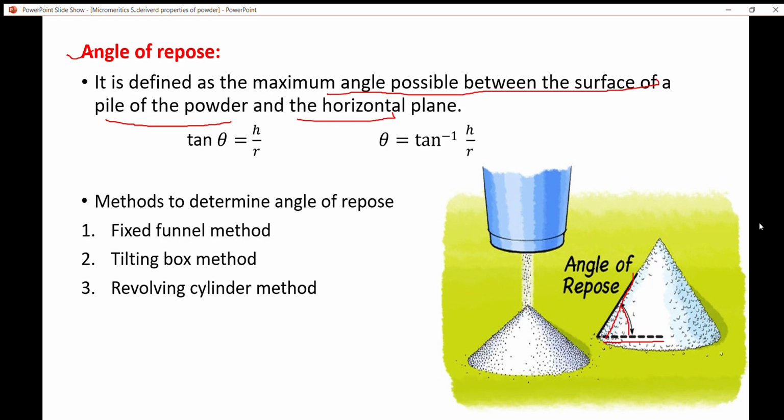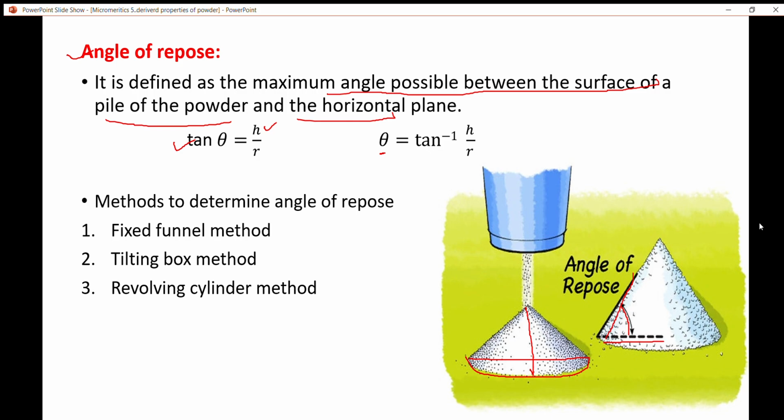It can be calculated by using the formula tan theta = h/r, where h is the height of the pile and r is the radius of the pile, and by putting these values in the equation we can easily calculate the value of theta.